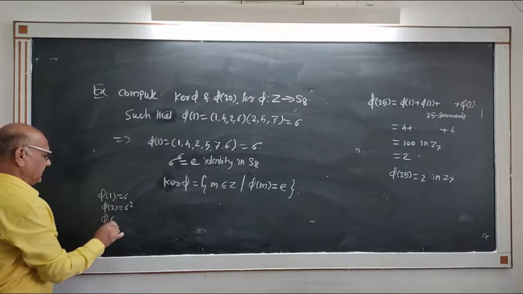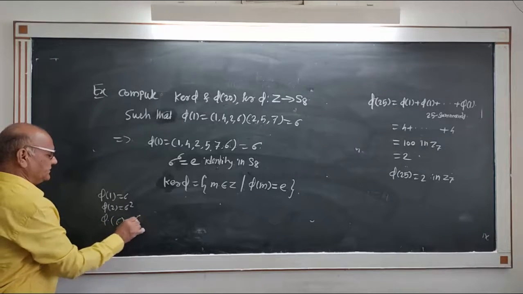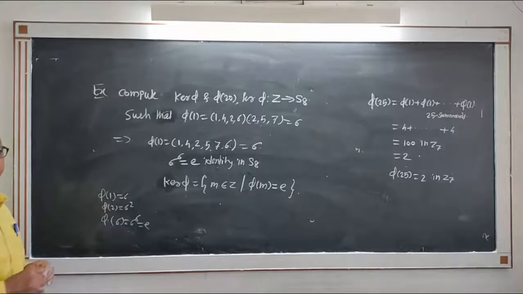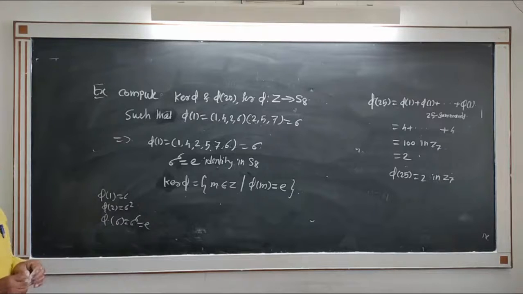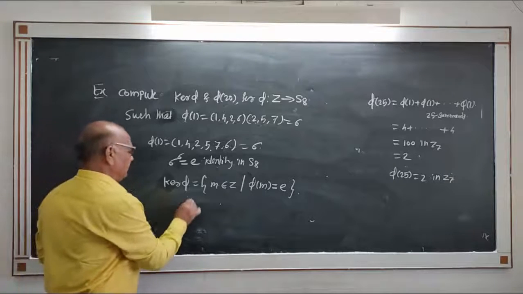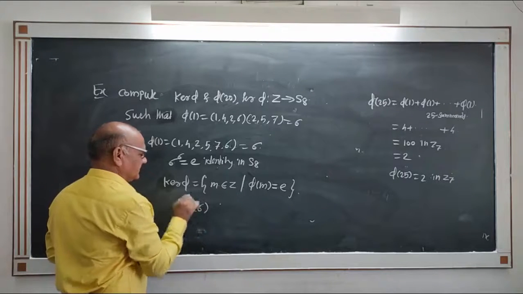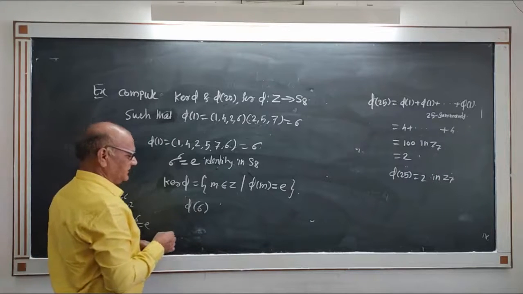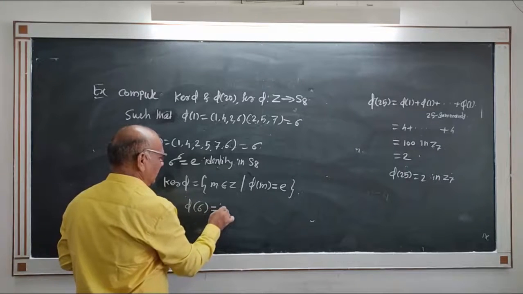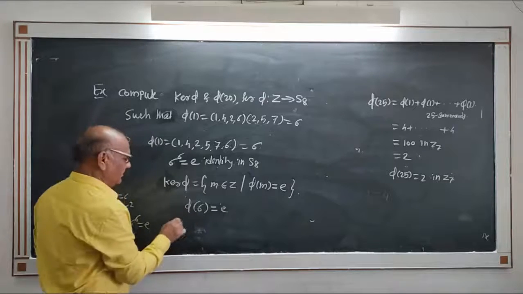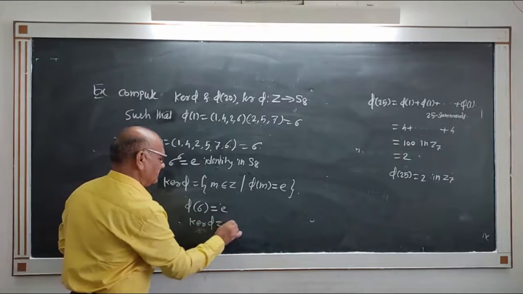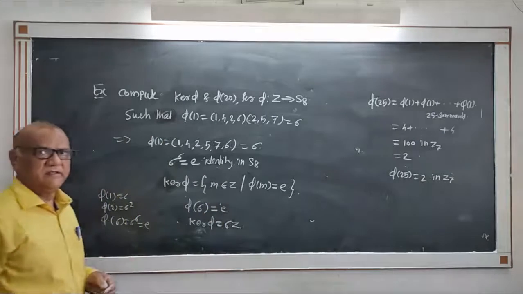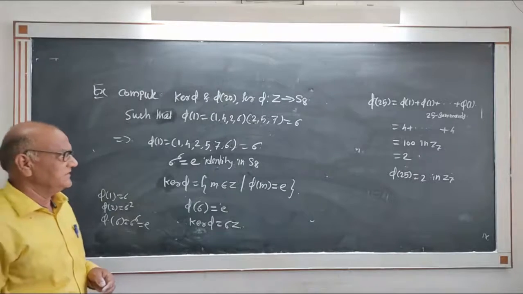Like this, phi of 6 is sigma raised to 6, and this is identity. That means phi of 6 is equal to identity, phi of 12 is equal to identity. And therefore, kernel phi is equal to 6Z.